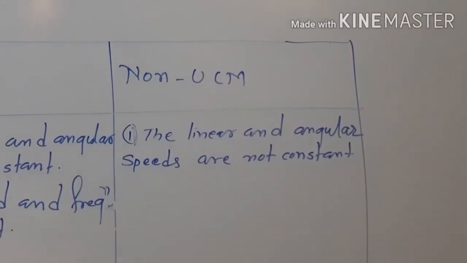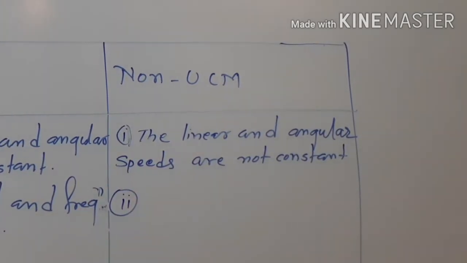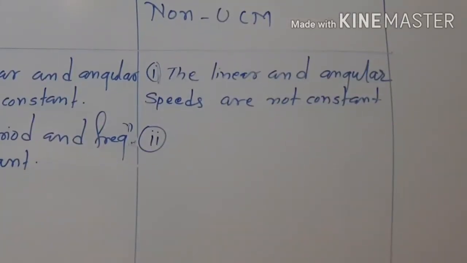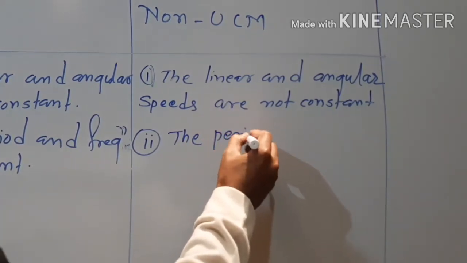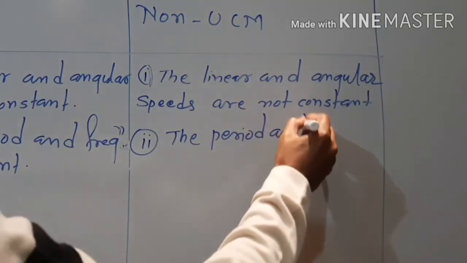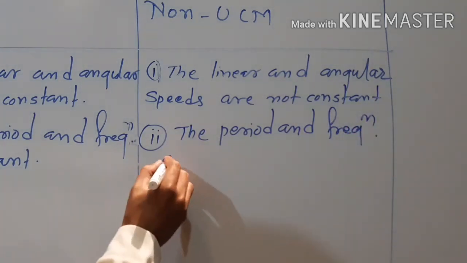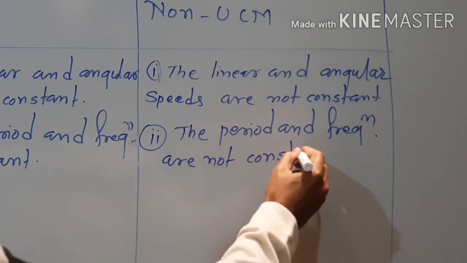Here in non-UCM, the second point is the period and frequency are not constant.